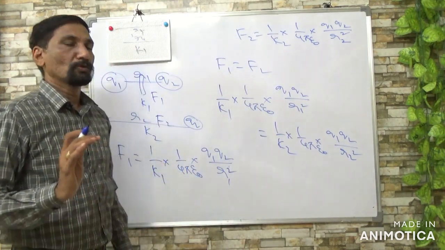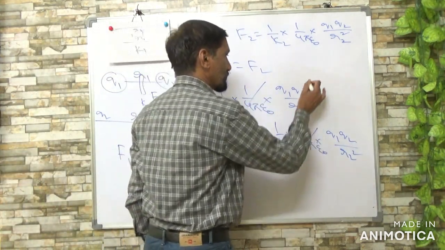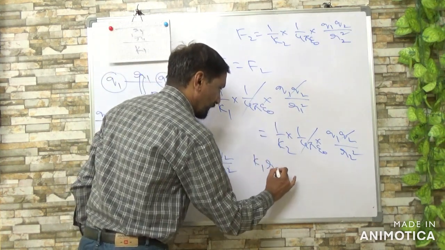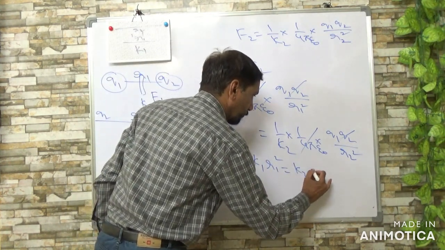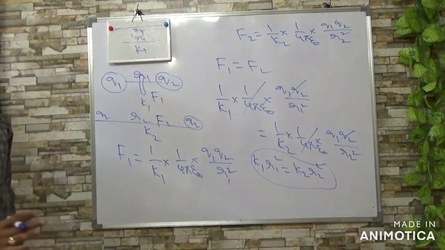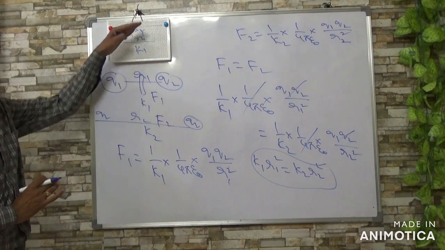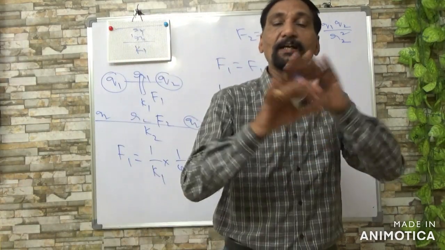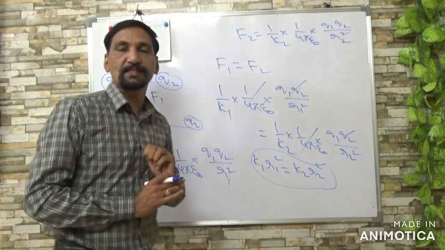So the constant terms are cancelled now. So k1 r1 square equals k2 r2 square. So this is the condition when the forces are equal, when the charges are held in different media at different distances. Okay?